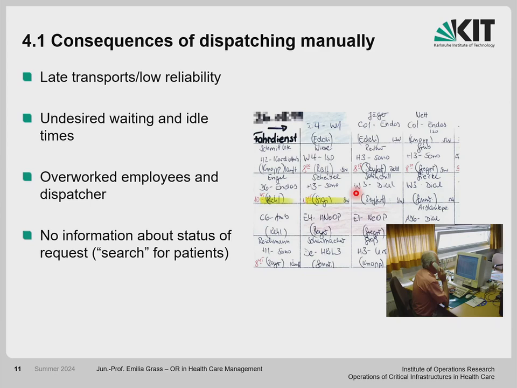And then we asked the team, but how do you know what came first? If the cancellation came first or the urgency came first, because the other way around is also possible. First they're calling and saying, we have an urgent request, and then a few minutes later they're calling to say, we don't need this request anymore. And the dispatcher said, no, I don't know, sometimes I don't really remember, and in the case that I don't remember, then I send the transportation.